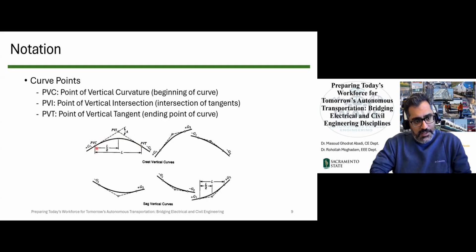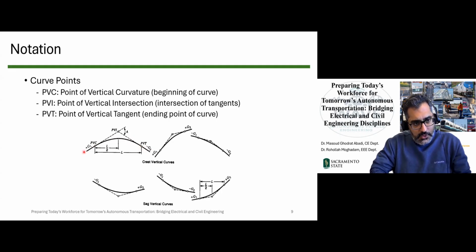Now, wherever the curve starts deviating from that initial tangent, we call it PVC, point of vertical curvature. So mainly the beginning of our vertical curve. Wherever this curve goes back to that final tangent that you see here, so the end of the curve, we show that with PVT, or point of vertical tangent.